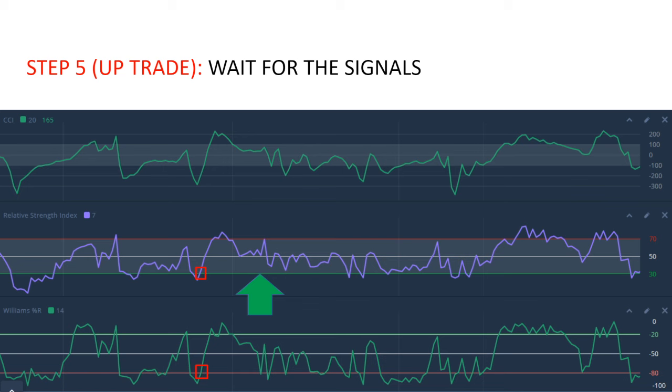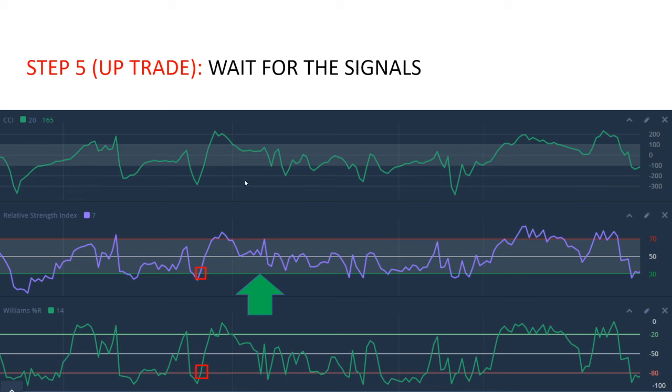And so for an up trade, you can see we have 3 oscillators. We need at least 2 of them to give us a signal. And as you can see, for this up trade, the RSI indicator, the line is leaving the oversold area and is crossing this level from the bottom to the top.